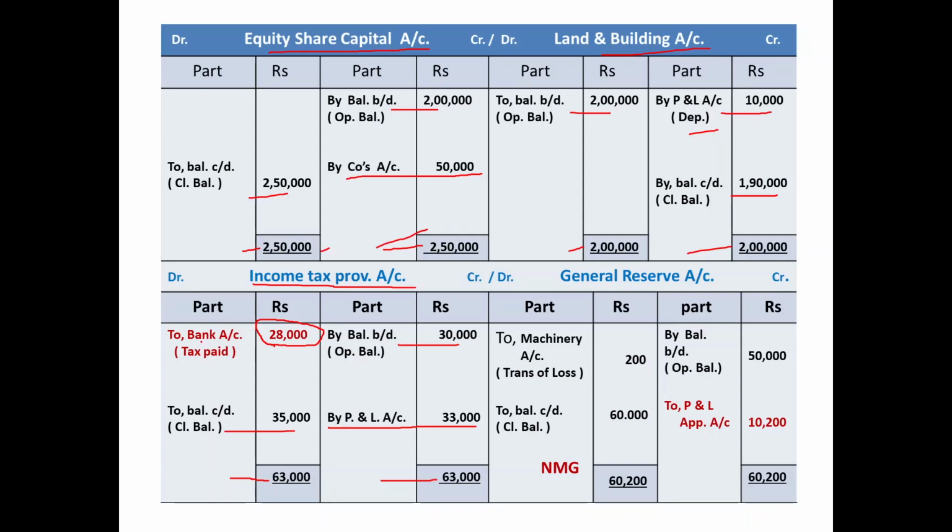What could it be? It must be the payment of tax that has been paid in the current year. And the journal entry would be income tax provision account debited to bank account credited 28,000. Cash flow impact. On the credit side, title profit and loss, current year's provision.